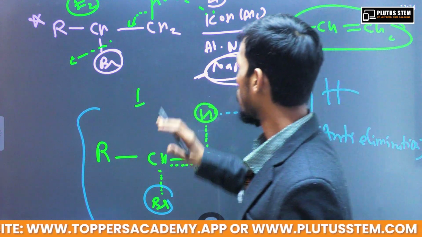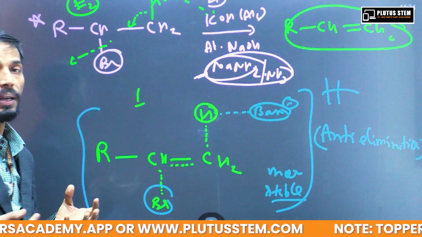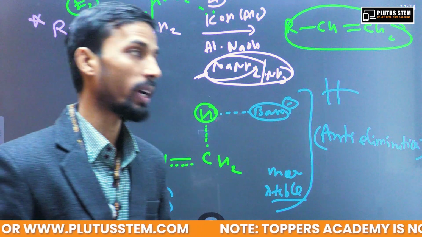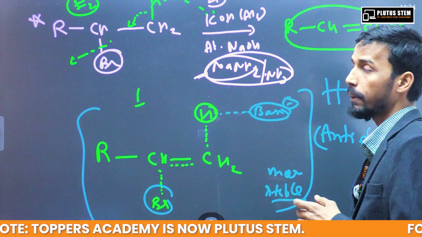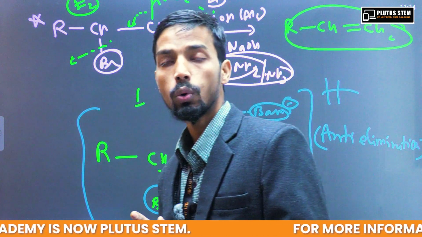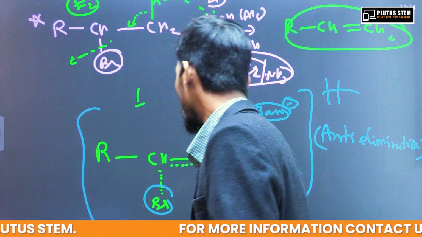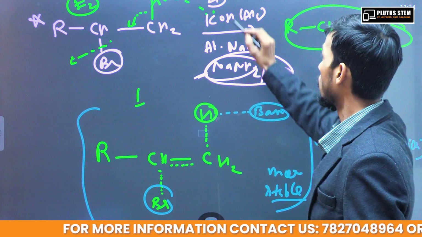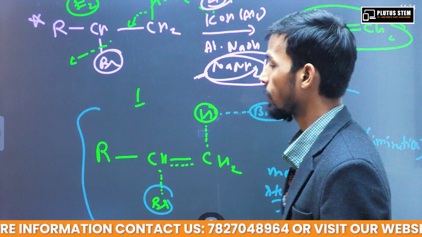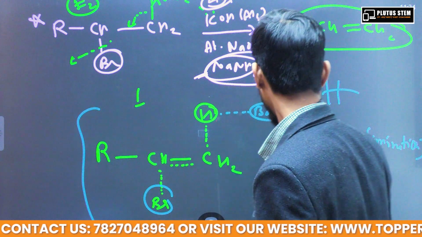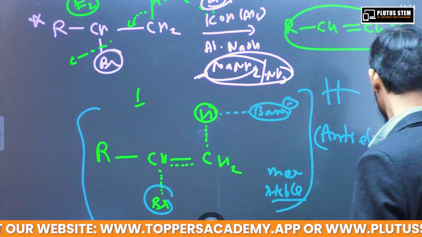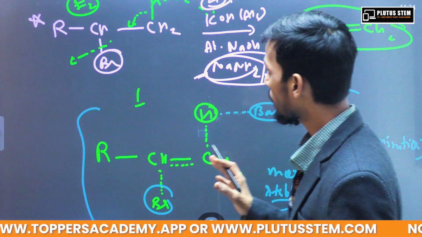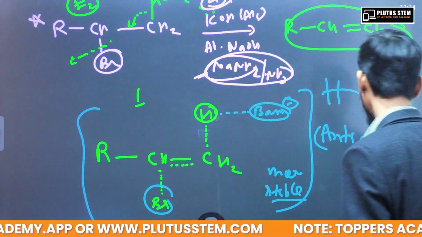Regarding the E2 elimination, we need a strong base like KOH, NaOH and ROH, or NaNH2, some more strong bases, alkoxide bases. These are needed for this E2 reaction to take place in the presence of heat. Heat is a very necessary condition for an elimination reaction, and again this proceeds through a single transition step, a one step reaction.